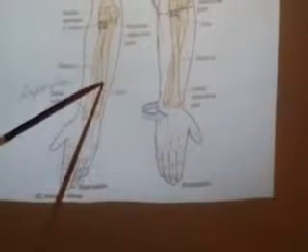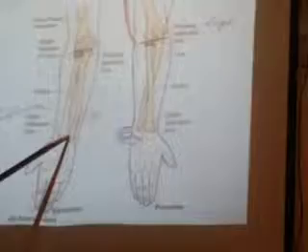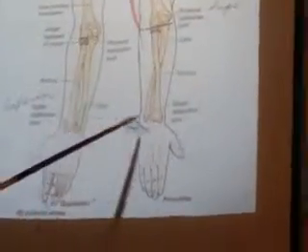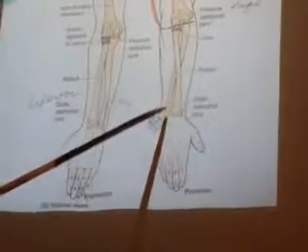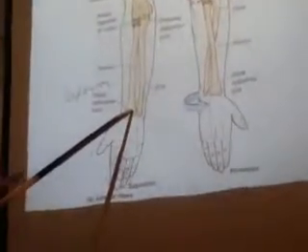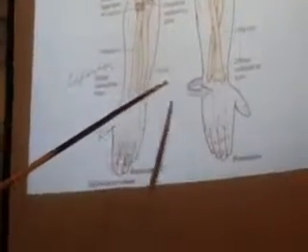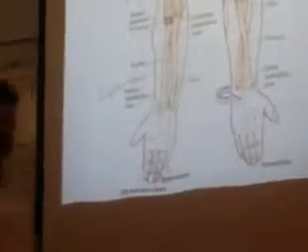The ulna will not move. Only the radius moves. This is the supination, and he is doing the pronation. The radius overrides the ulna, which is fixed.